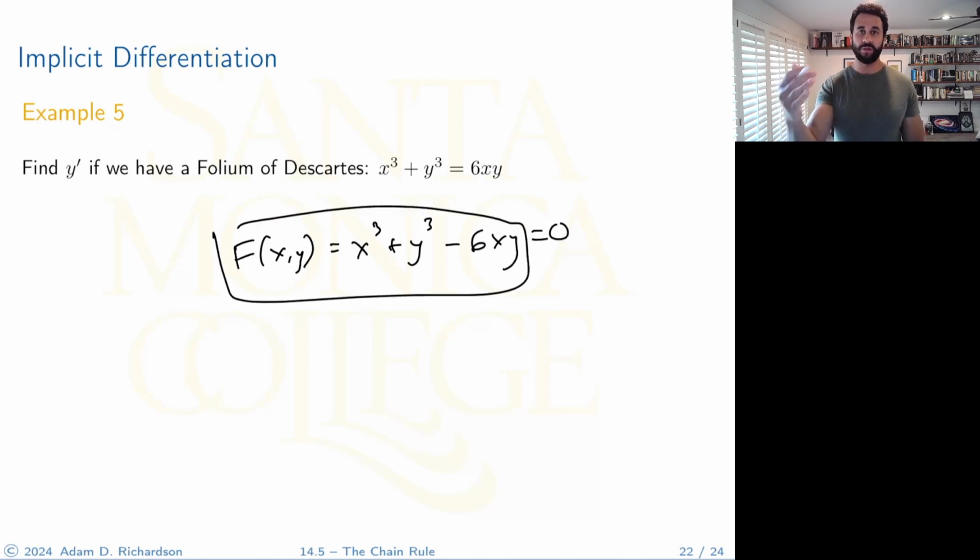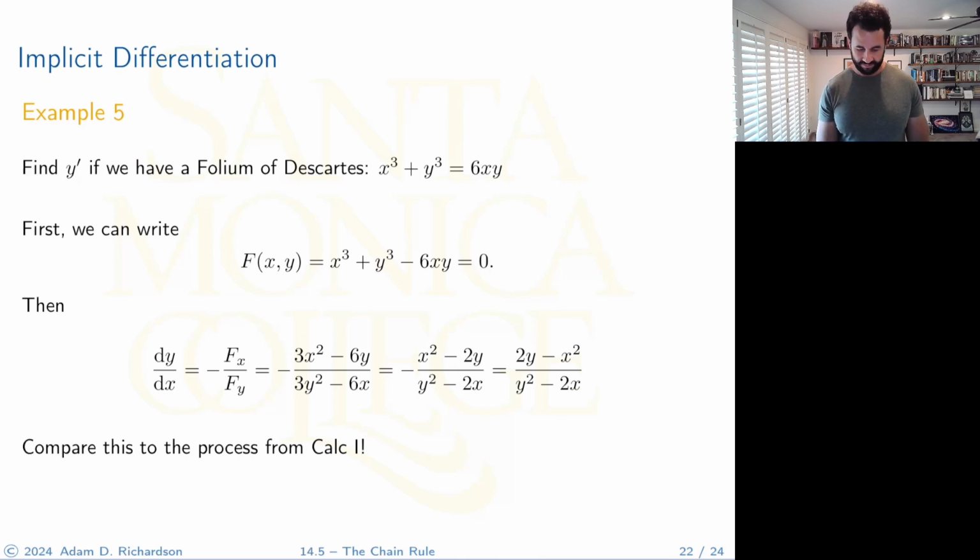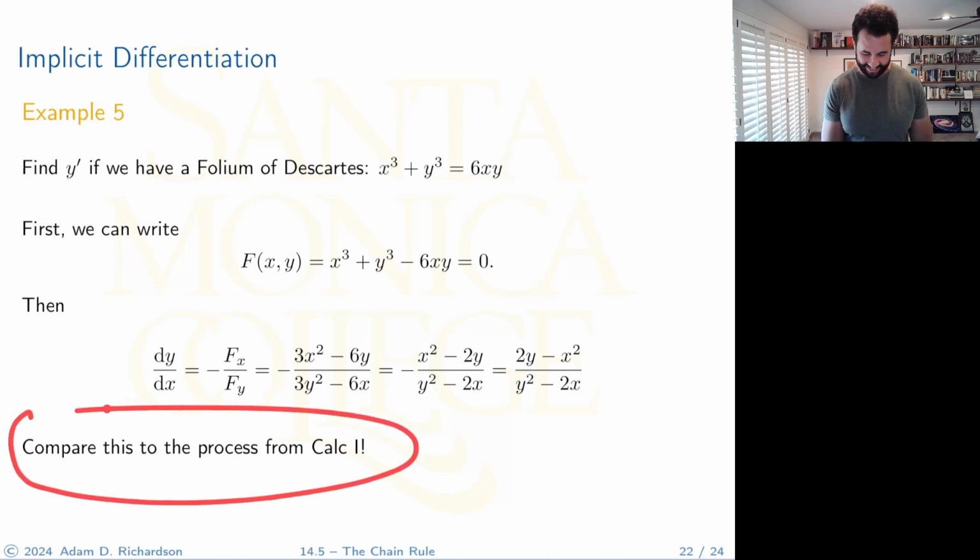I need to compute the partial with respect to x, the partial with respect to y, put them one over the other, and make it the opposite. Partial with respect to x, partial with respect to y. There's the opposite. Simplify, and you get this. Done. Instant.